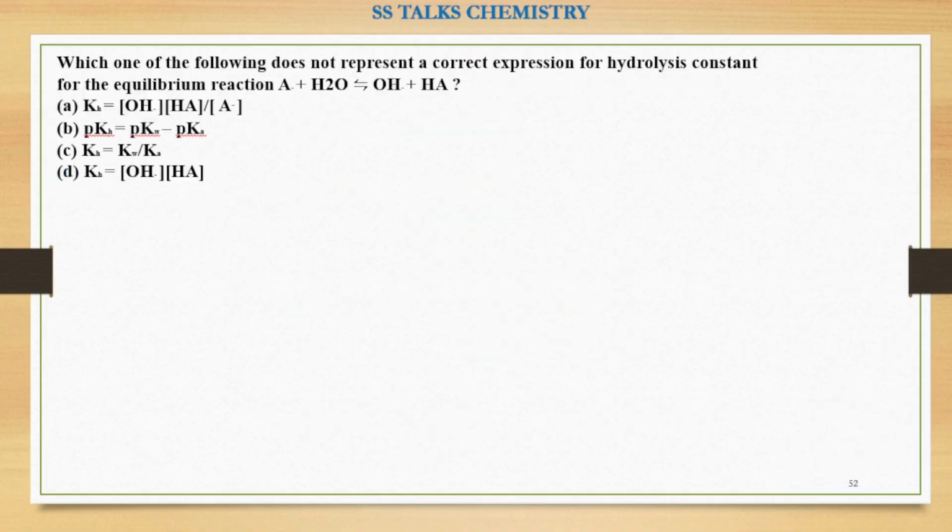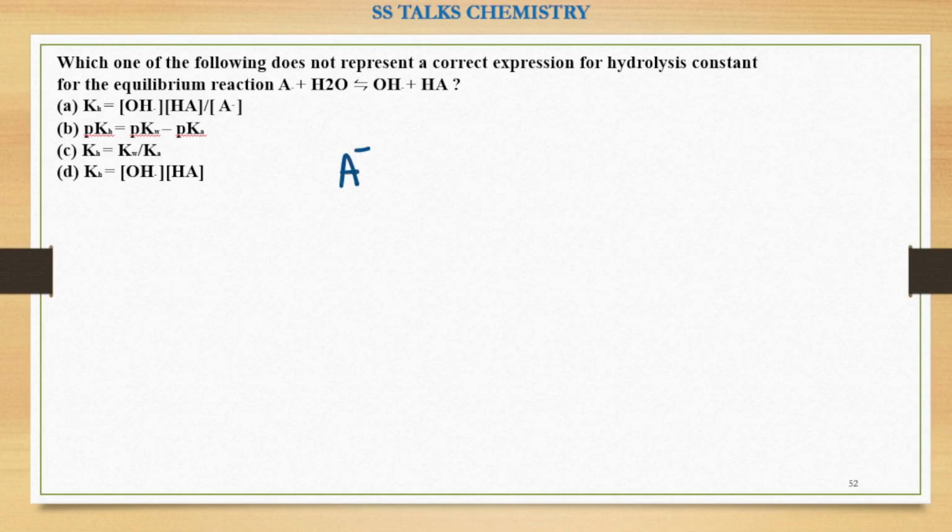Okay, next one we have is this. It says, which one of the following does not represent a correct expression for the hydrolysis constant for the equilibrium, that is, A negative on treatment with water gives us OH negative plus HA.